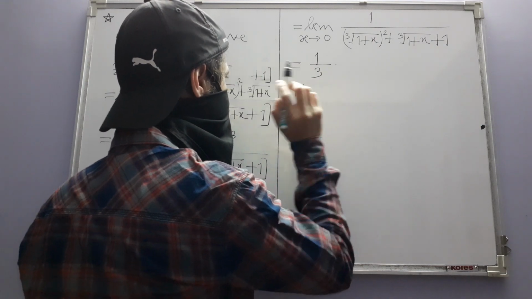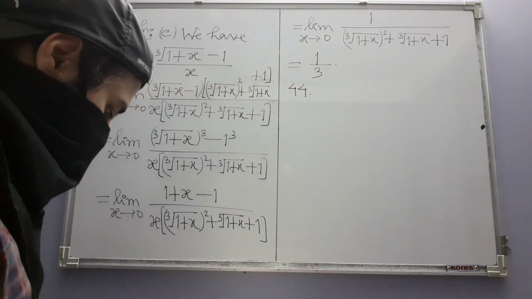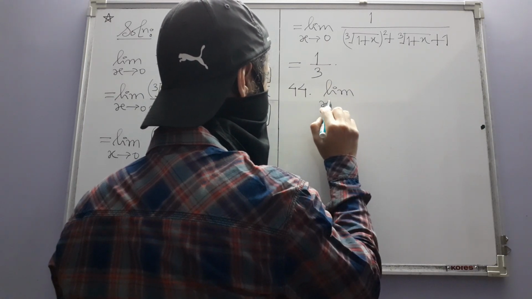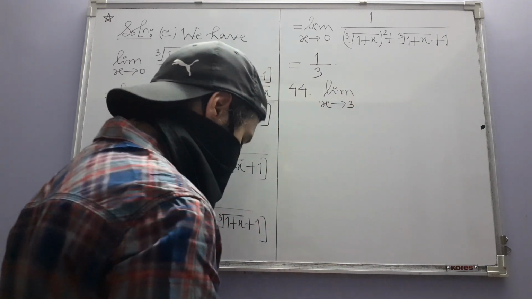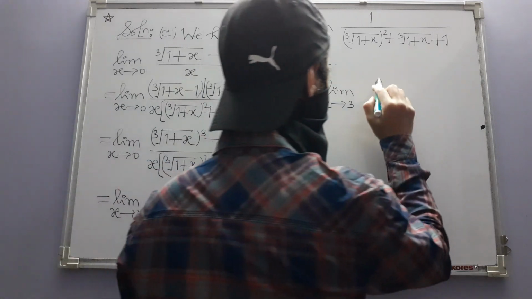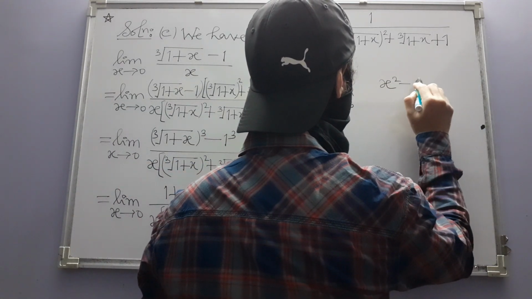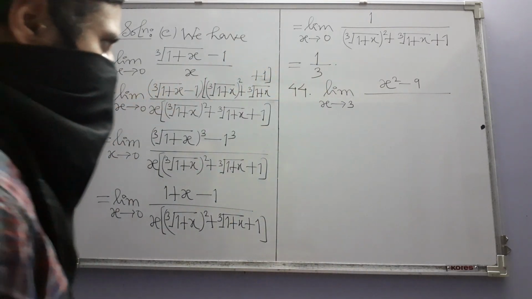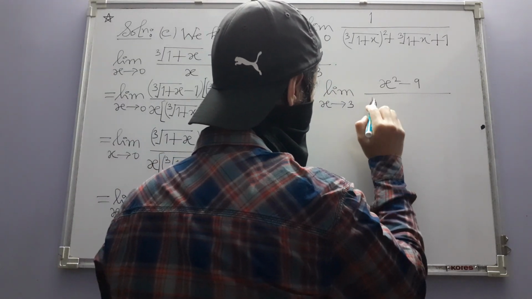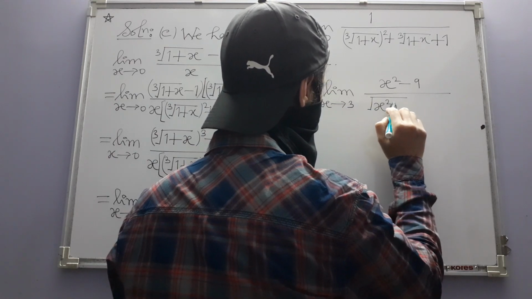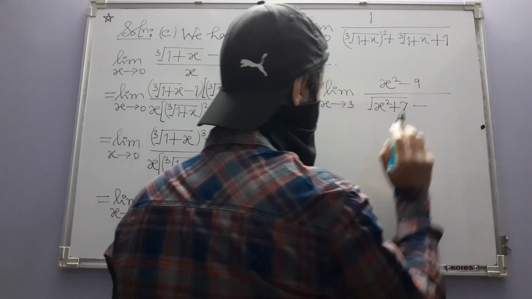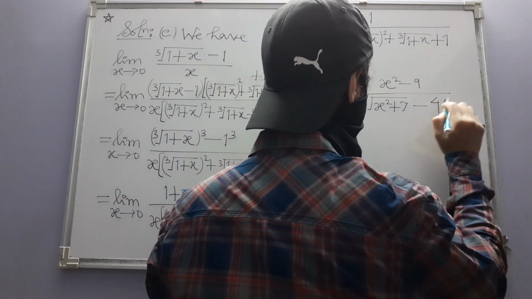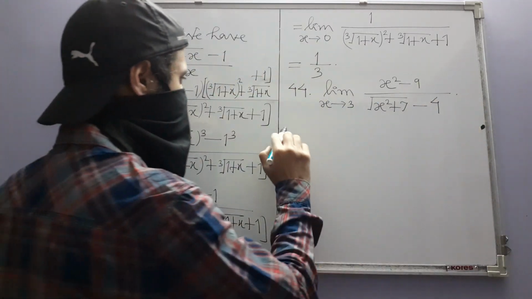Next, 44. x square minus 9 over square root of x square plus 7 minus 4.